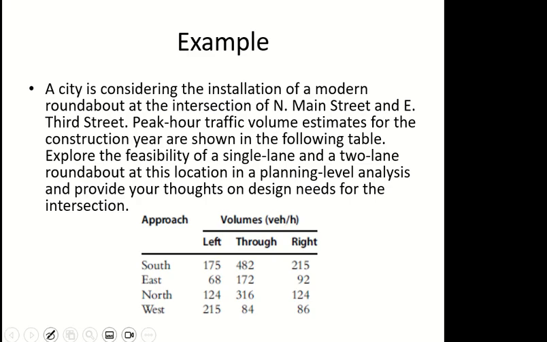Okay, first of all, I want to know the total of the traffic on the intersection. So how much total traffic on the intersection do I have? Tell me, what is the total of this table?